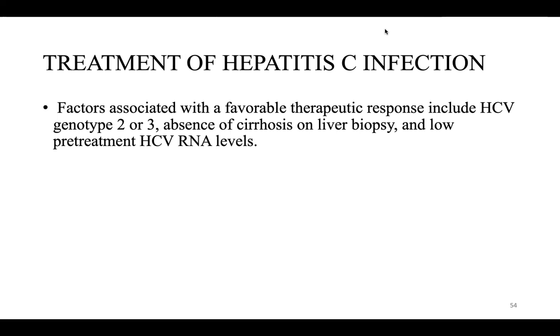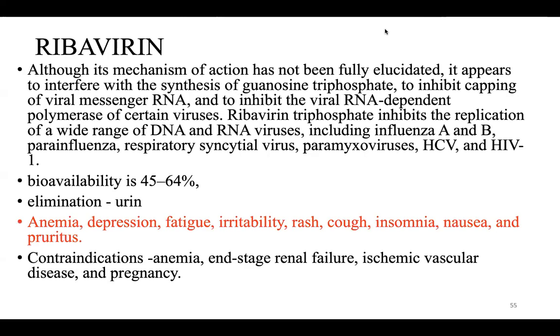The drug ribavirin is a guanosine analog that's phosphorylated intracellularly by host cell enzymes. The absolute oral bioavailability of ribavirin is 64%, increases with high fat meals and decreases with co-administration of antacids.